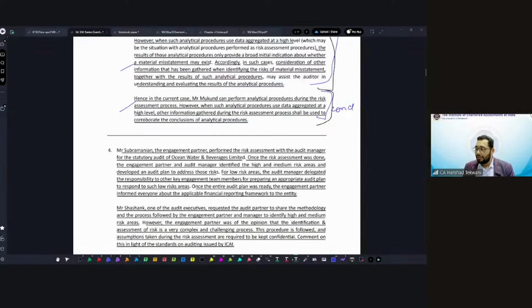This is what the relevant point is. Come on, quickly. What is the issue in the first paragraph? We will not go to second paragraph as of now. We will focus on the first paragraph.